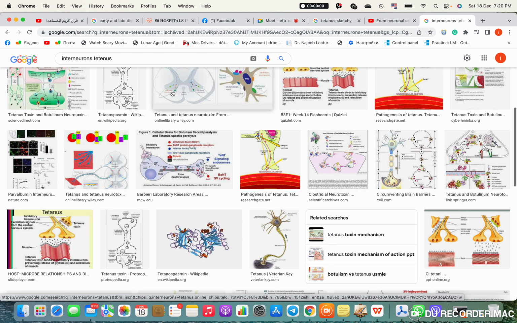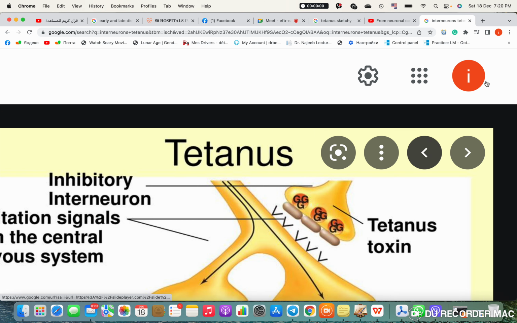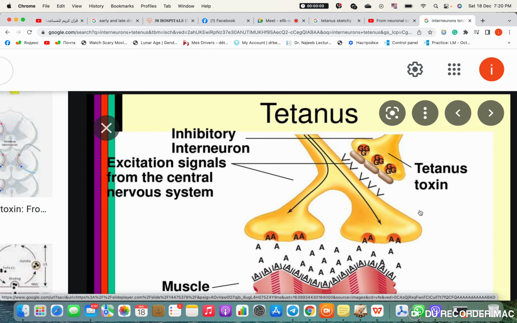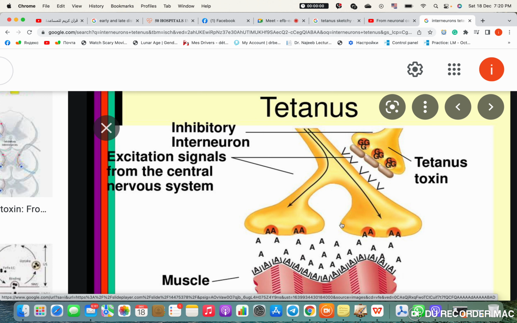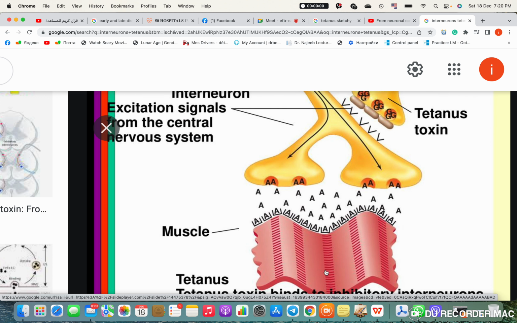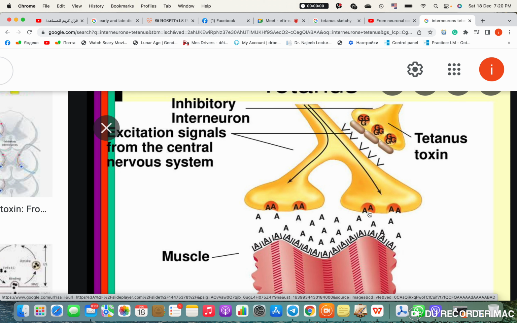So let me show you what I mean by that. Inside of your spinal cord, you have these stimulatory neurons that want to go and stimulate the muscles, yeah? By releasing what? Acetylcholine.